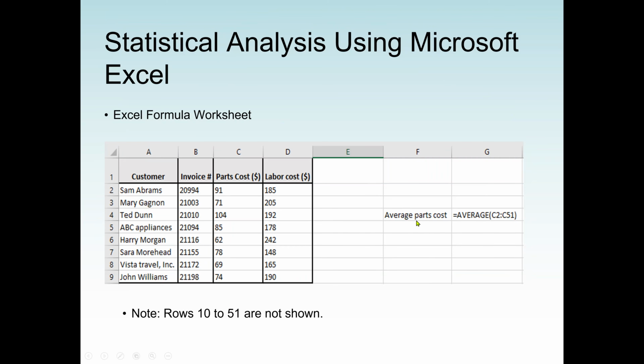So here I'm looking for the average parts cost. The function name is AVERAGE, C2 to C51. This means the range of values from cell C2 to cell C51. Normally, when entering the formula, we don't use the values, we use the cell names. The reason is that if you use the cell names, when you change the values in the cells, Excel will automatically give us the new answer.